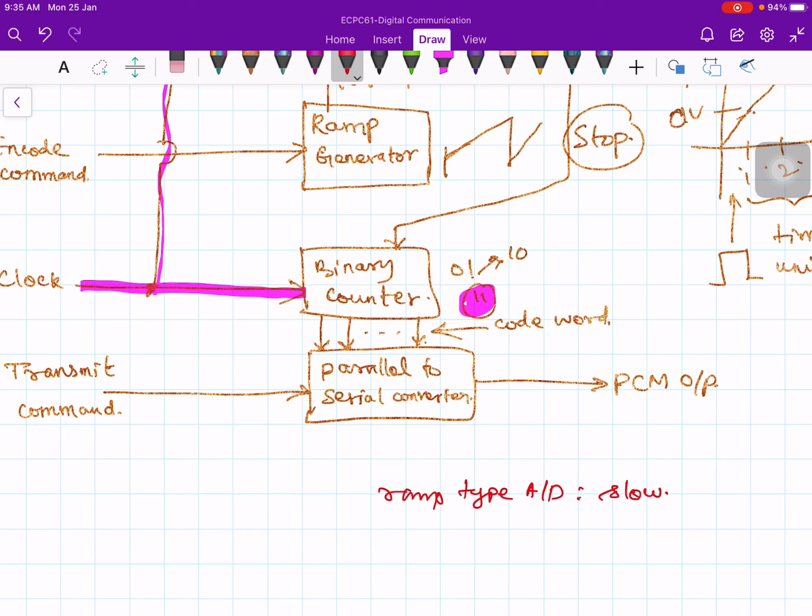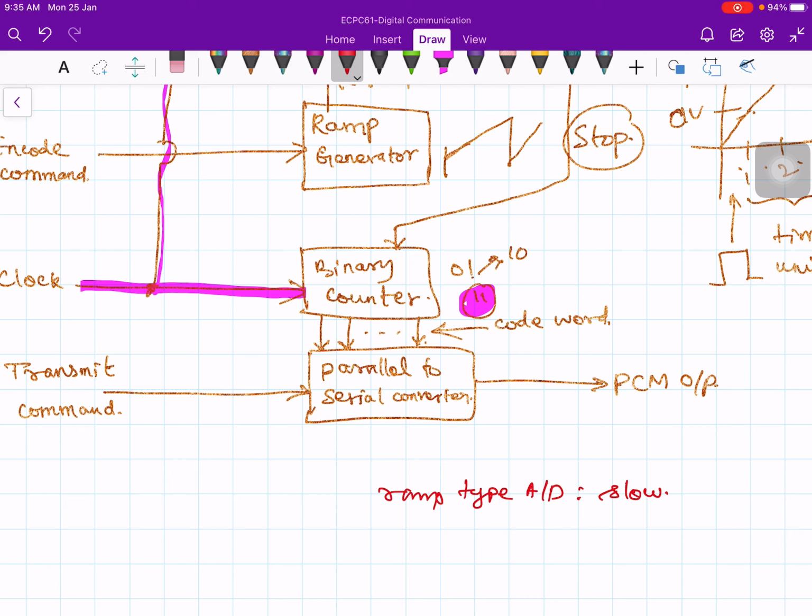You have a different kind of A to D converters. There are different kinds of A to D converters which are available. So this is just an example. This is not to say that all the time you are going to use this kind of A to D converter.